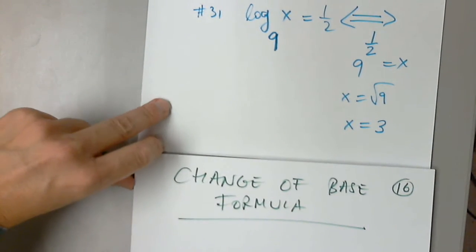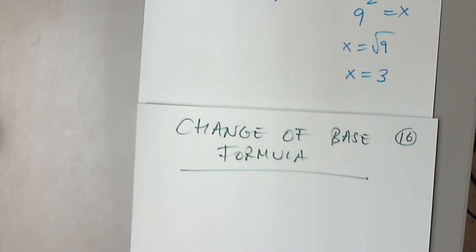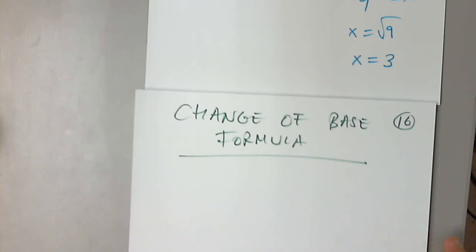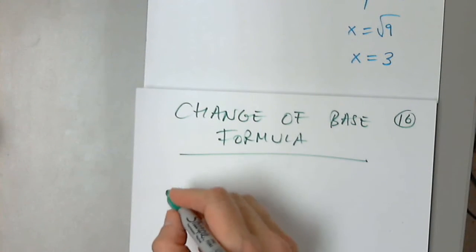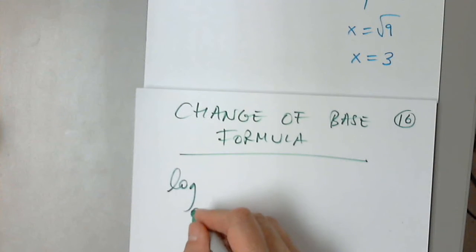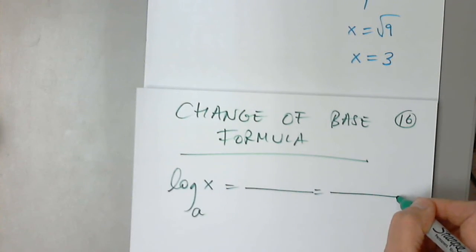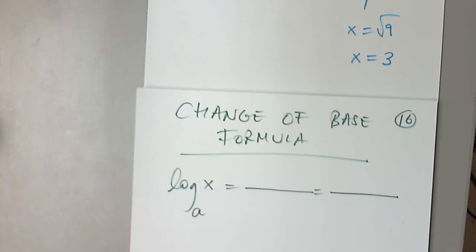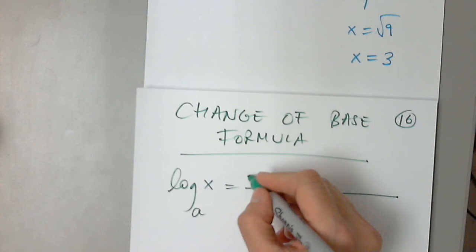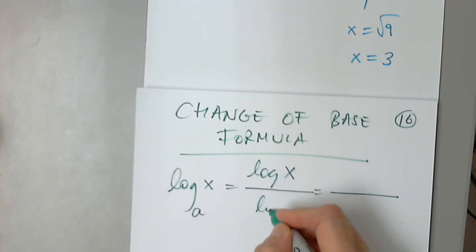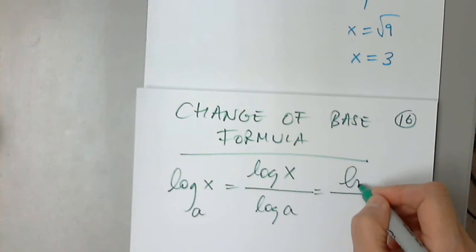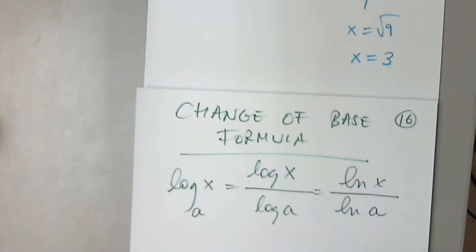I have not used a calculator that allows us to put the base that we want, so we should still know the formula. So if I want to determine log base a of x, and assuming the calculator has only log and ln, then I have log of x over log of a, or ln x over ln a.